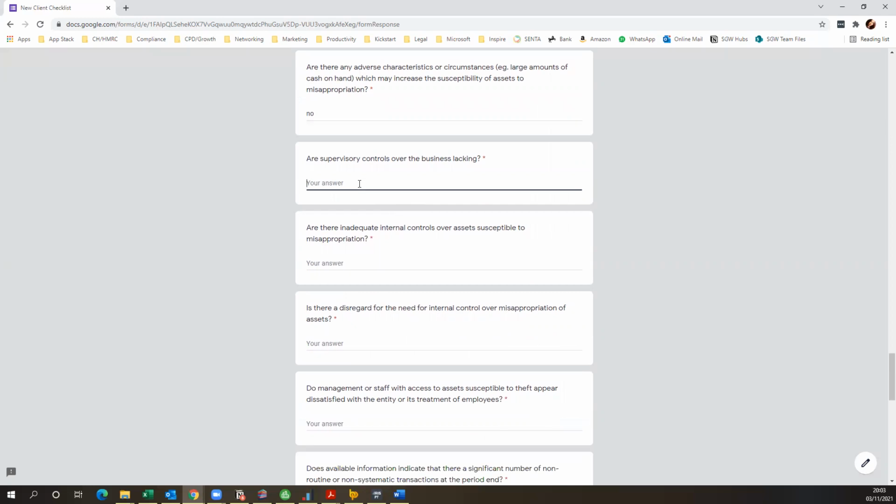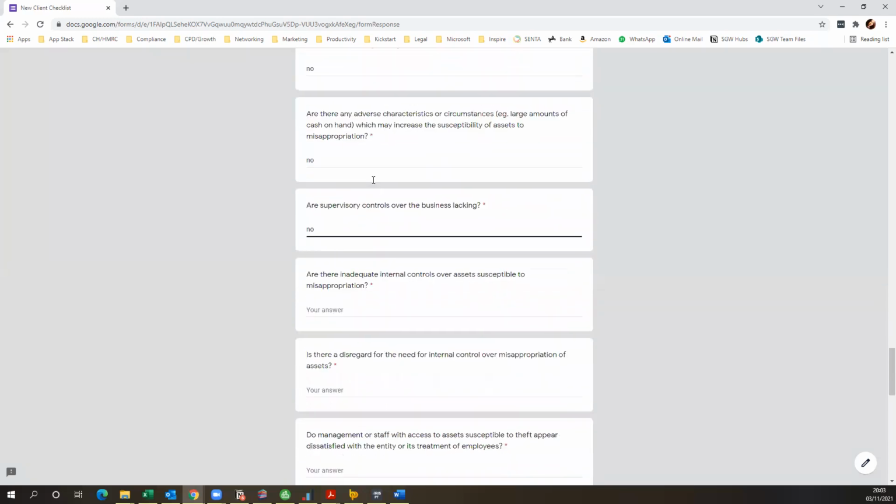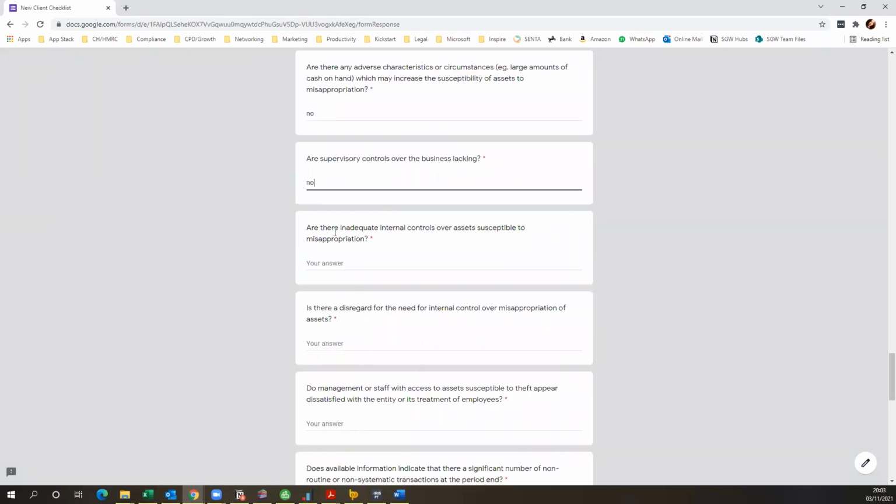Are supervisory controls over the business lacking? So the people that are in charge, do they seem to not be particularly interested in what's going on in the business, leaving it potentially open to fraud, theft, or error? Are there adequate internal controls over assets susceptible to misappropriation?